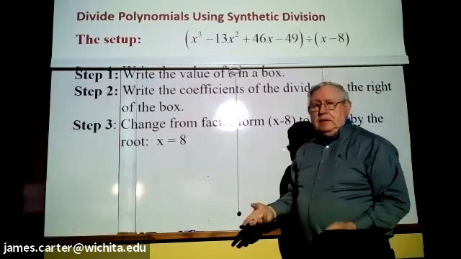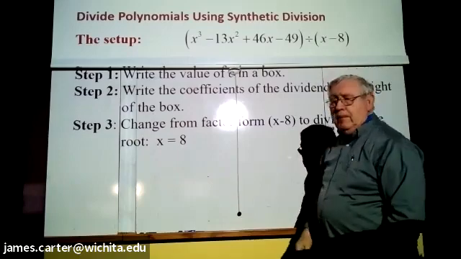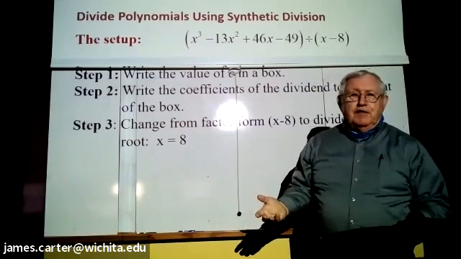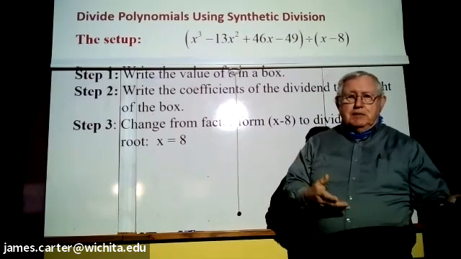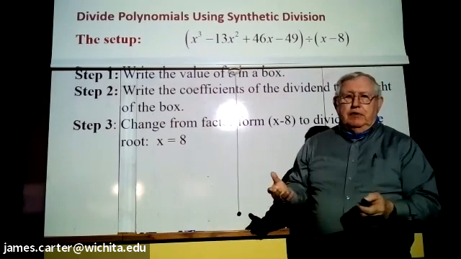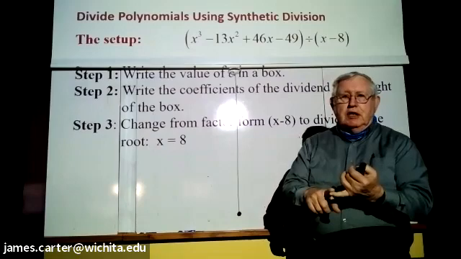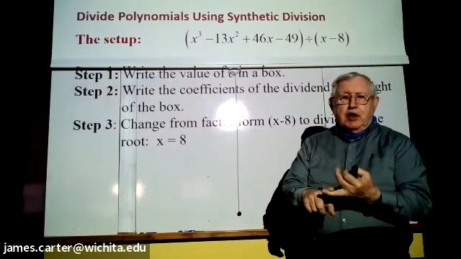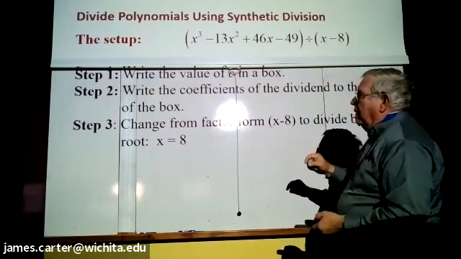Now, in long division, we used factored form. Synthetic division is an additive process instead of subtractive. Long division uses multiplication, division and subtraction, and it uses the factored form.